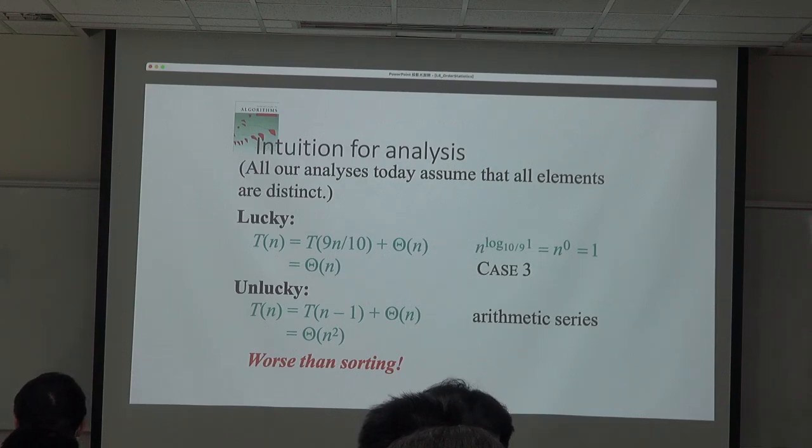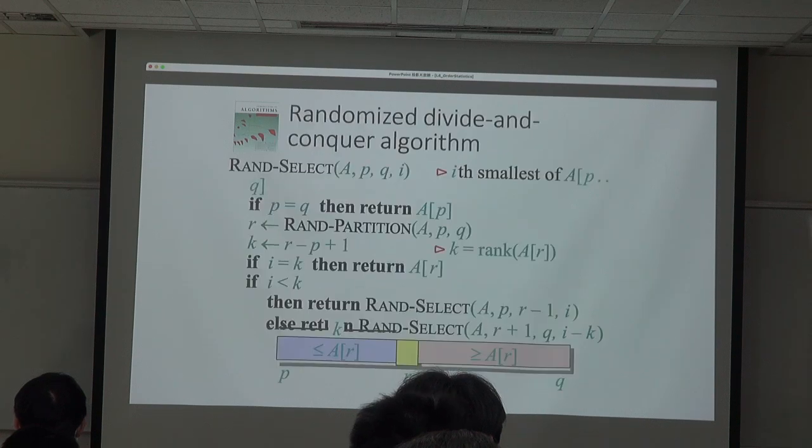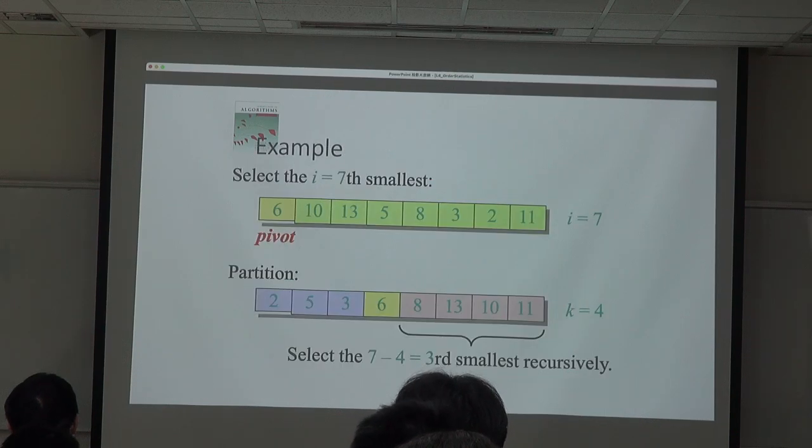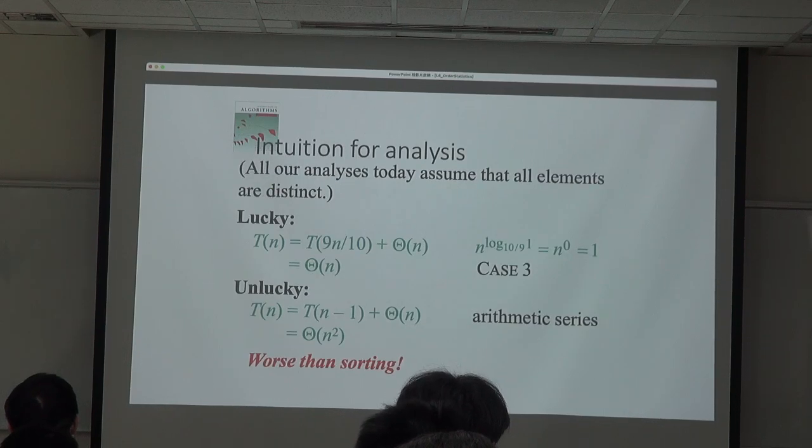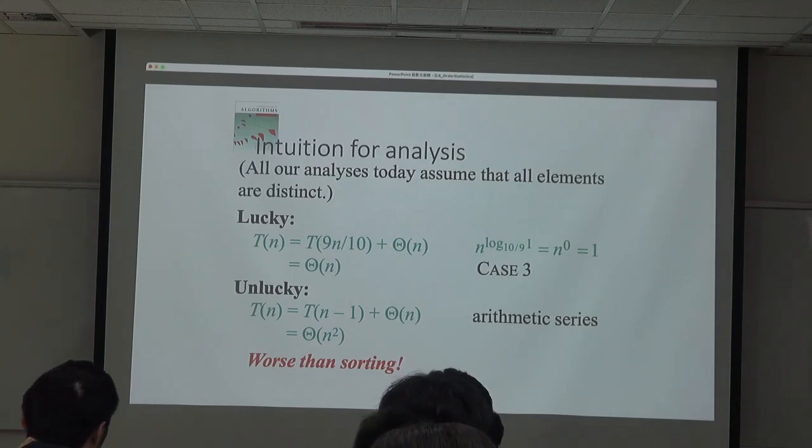Similarly, this random select algorithm is actually the fastest order statistics algorithm in practice, but the worst case could be very bad.